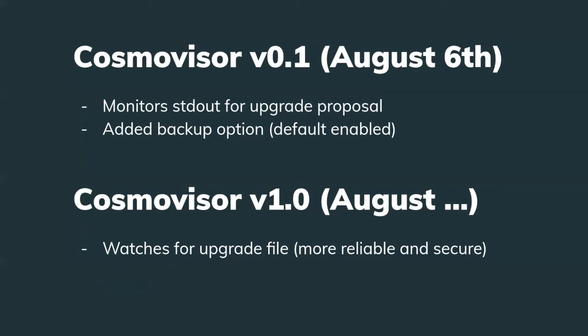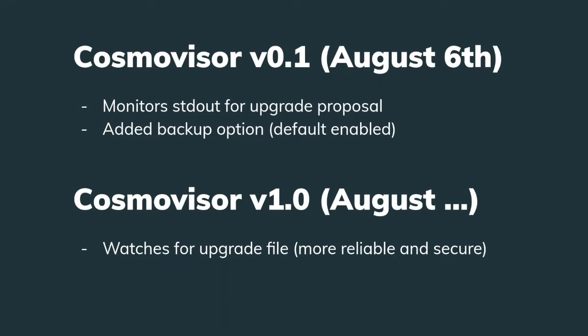But both of these versions have the backup option enabled by default now. The reason for upgrading Cosmovisor from V0.1 to V1.0 with the file watcher is that there are some edge cases with V0.1, so we wanted to ensure that there was a backup option enabled, where chains would run into a race condition. So yeah, V0.1 is available.